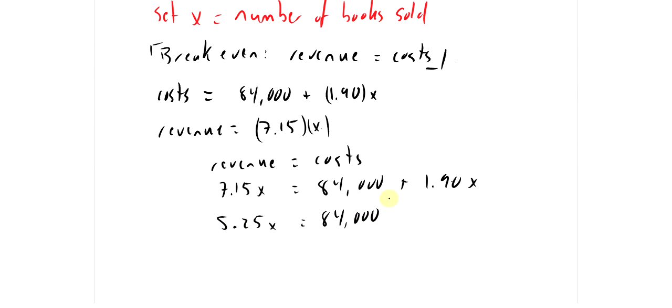You've got $84,000 sunk into this book. How many books do you have to sell to recover that? If you make $5.25 on each book, well, solve for X by dividing by 5.25, and that ends up being 16,000. So you have to sell 16,000 books, and then you will get your sunk cost back. So break even, revenue equals cost.